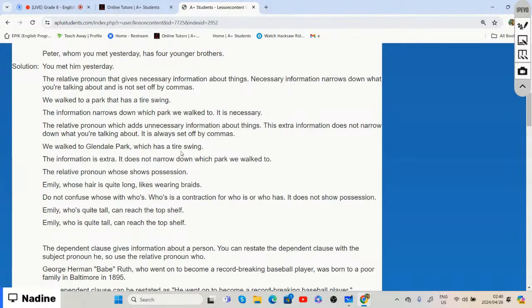And the relative pronoun which adds unnecessary information about things. The extra information does not narrow down what you're talking about. It's always set off by commas.